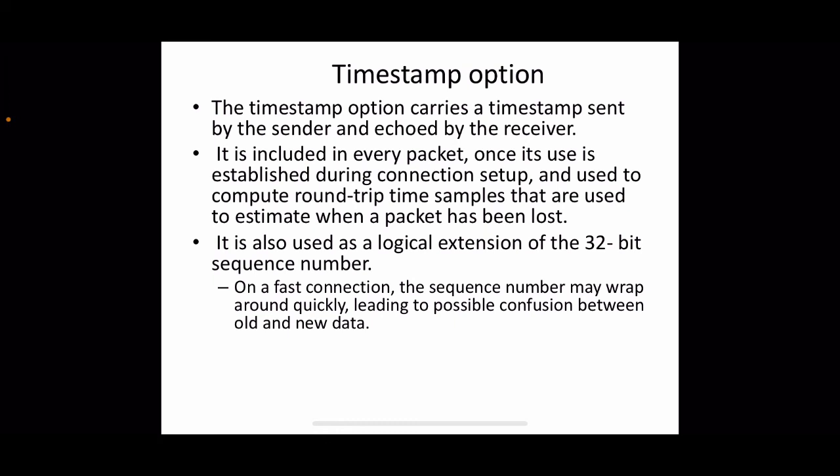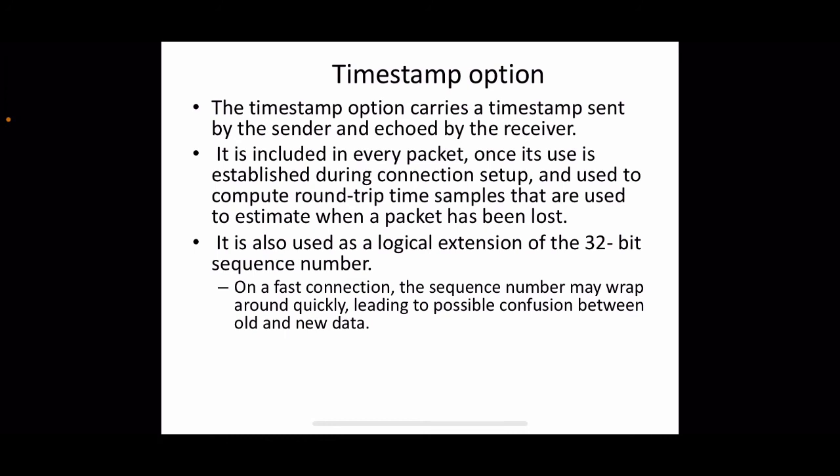Then the different numbers that can be uniquely identified are 0, 1, 2 and 3, right? Only 4 different numbers. After 4 segments, the 5th segment also should be numbered 0. That is called wrap around. Again we are moving to the next sequence number in the same range.